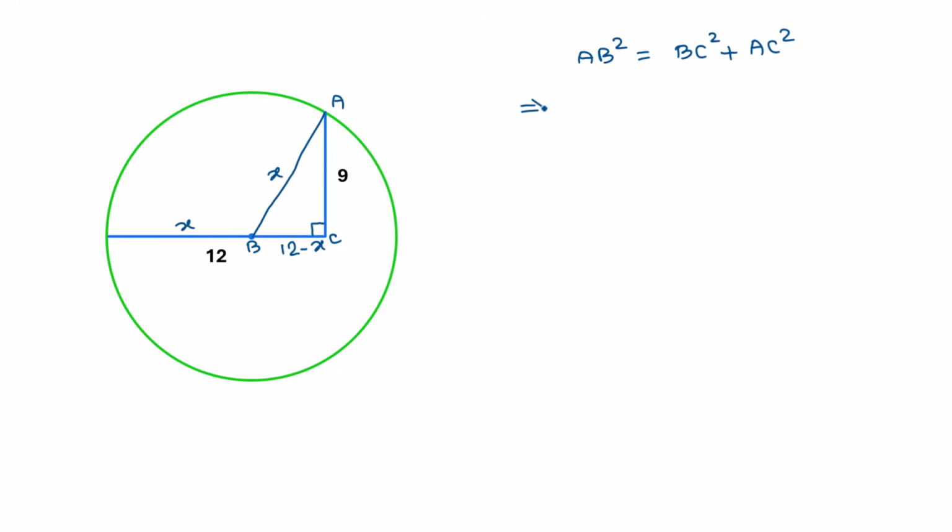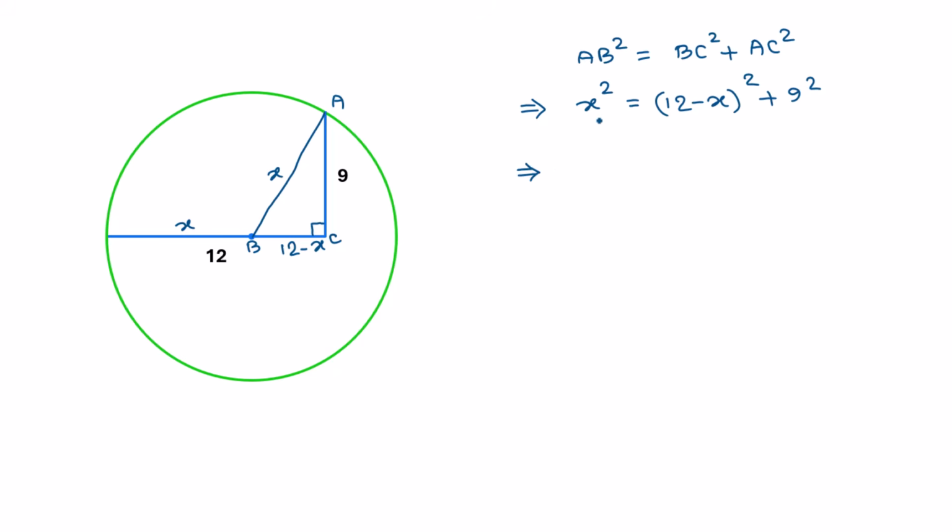Now substitute all of these values. AB is x unit, so the left side will be x square, is equal to BC square. As BC is 12 minus x unit, this will be 12 minus x whole square, plus AC square. The length of AC is 9 unit, so 9 square.